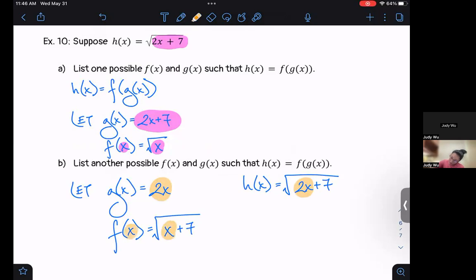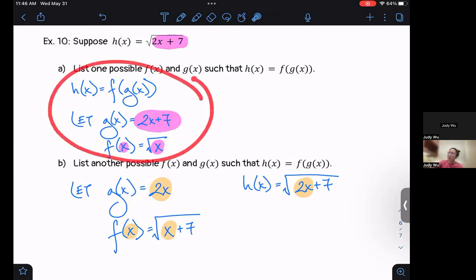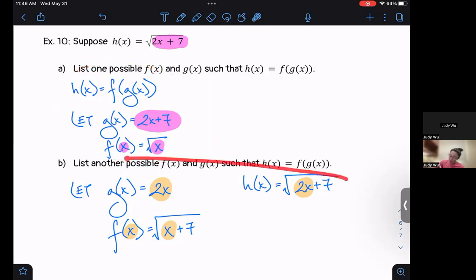This x place is where we would put the 2x, okay? So I just wanted us to be able to see that we can use more than one set of functions to compose and get another one. I would say this one is probably more traditional. This one is maybe just thinking outside the box a little bit, okay?